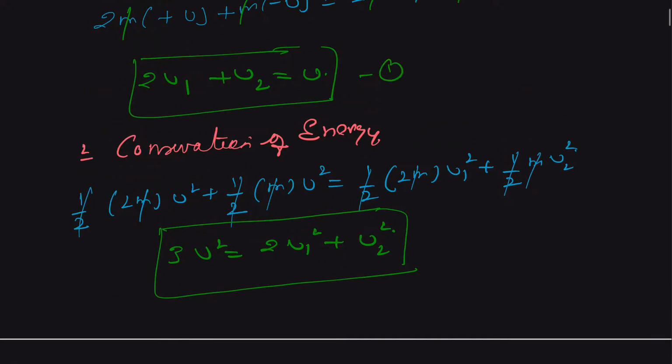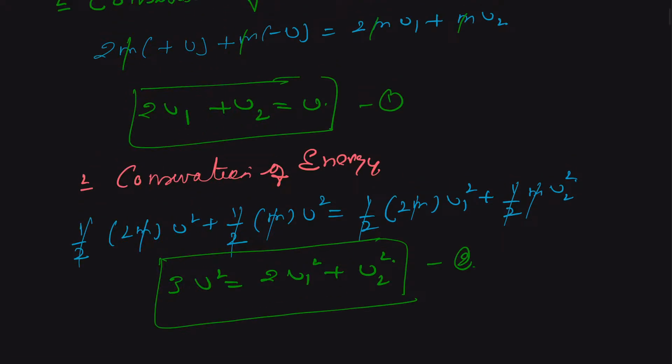So we have the first equation as well as the second equation, and from the first equation we are going to find out v2. So from here we can say that v2 will be equal to v minus twice v1, and we are going to substitute this into our second equation.